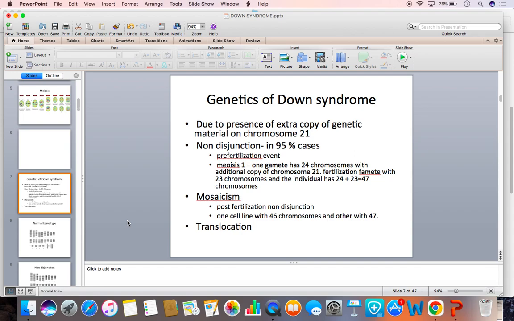If it gets fertilized with a gamete with 23 chromosomes, it results in a zygote with 47 chromosomes. So the individual born out of non-disjunction will have 47 chromosomes with 3 copies of chromosome 21.